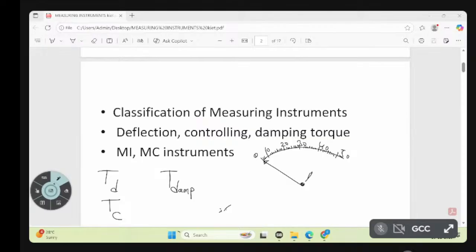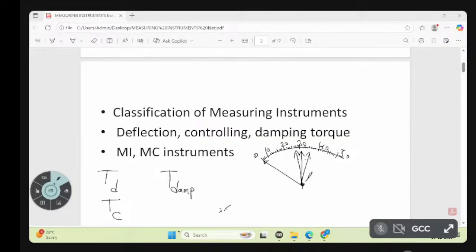Do you observe in any speedometer, voltmeter or ammeter, for example, it has to show 30, but it will not stay at 30. It will show 29.5, otherwise 30.5. It will move like this always.